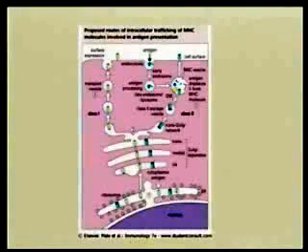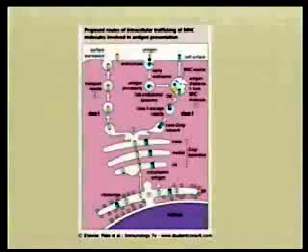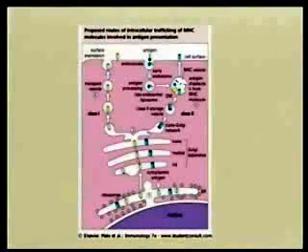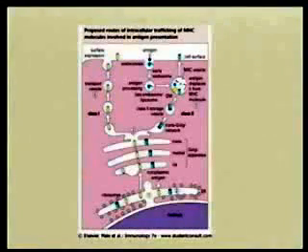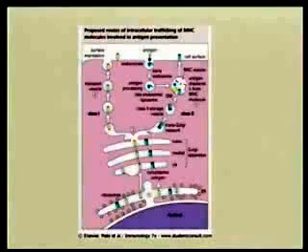It cannot associate with MHC class 2 because of this invariant chain, which is blocking that binding groove. Both of these molecules then go to the Golgi apparatus, and this is where they start to differ even more. The class 1 molecule, which already has the peptide in its groove, goes straight up to the cell surface.